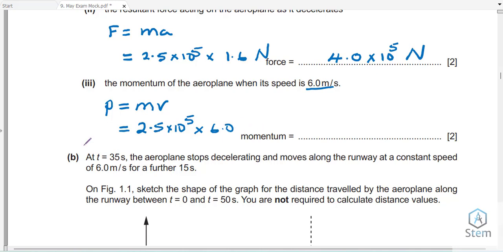So we have a momentum of 1.5 times 10 to the power 6. The units of momentum are basically the units of mass multiplied by the units of V. So kg from mass and meters per second from V. That is our solution.